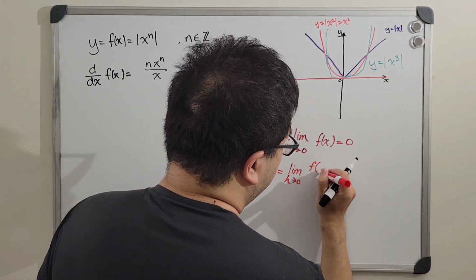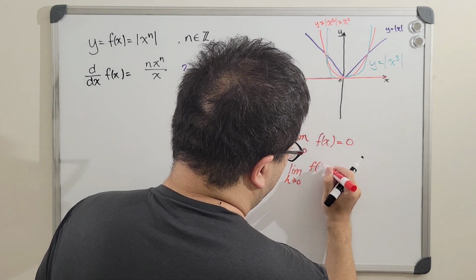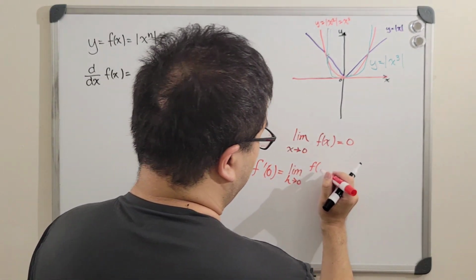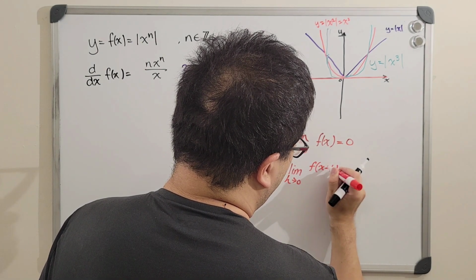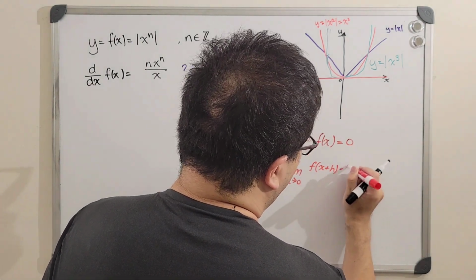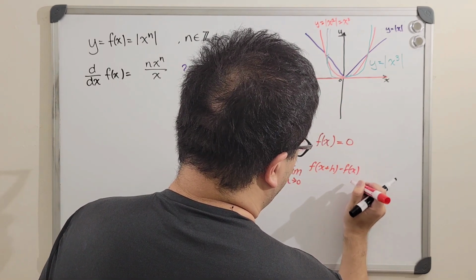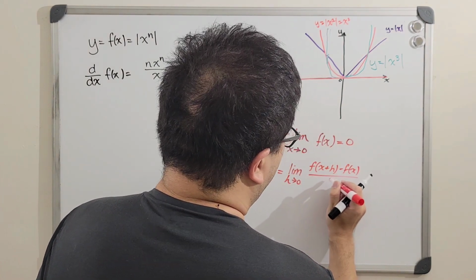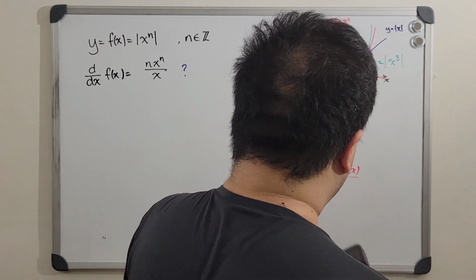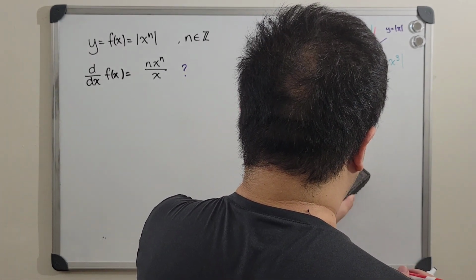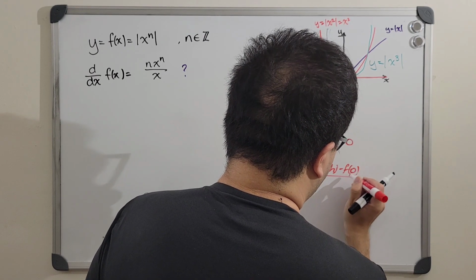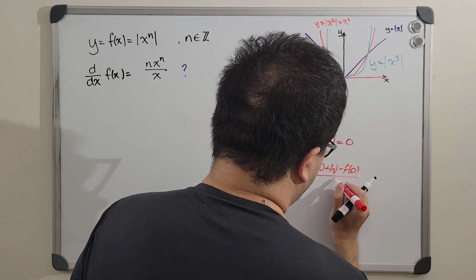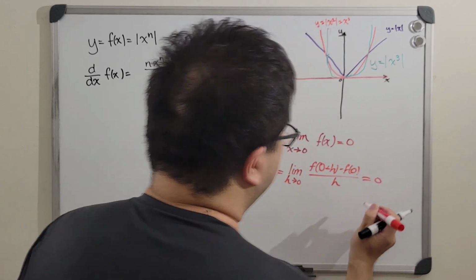Use h here. X minus h, x plus h, it doesn't really matter. Or you can just say that 0 plus h, to 0, over h is going to approach 0 as well.